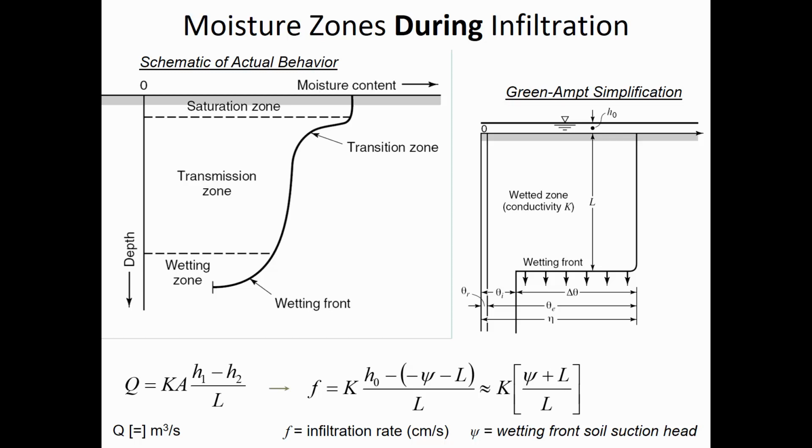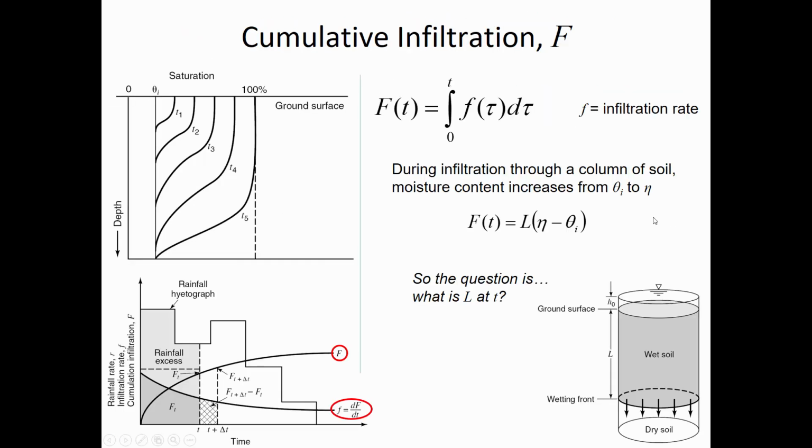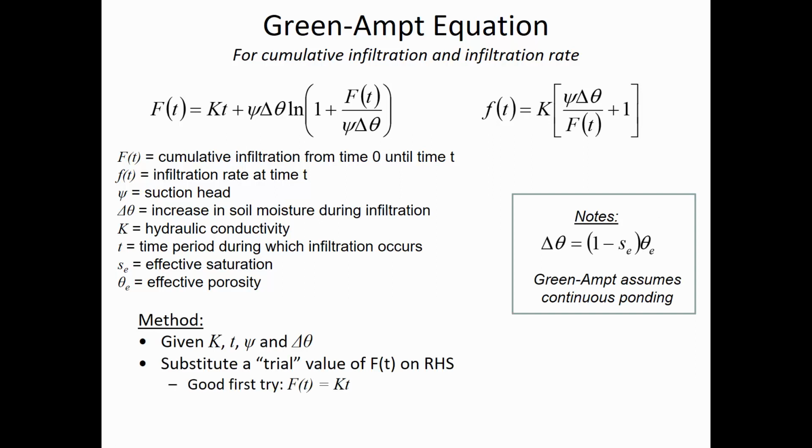And so this delta theta on this figure is the difference between fully saturated voids, where water is in all of the spaces, and the initial amount of moisture that was there before. And so how much the moisture increases, the delta theta, goes into the equations for both infiltration depth and infiltration rate. So we'll have to calculate that by looking at the effective saturation and the effective porosity.